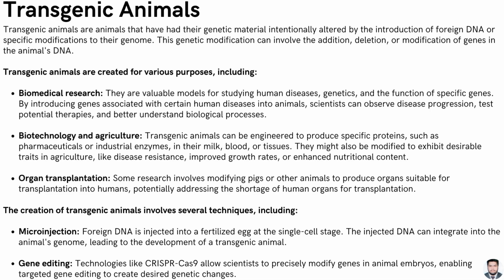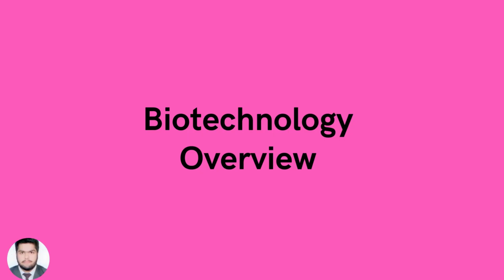Gene editing technology like CRISPR Cas9 allows scientists to precisely modify genes in the animal embryos, enabling targeted gene editing to create desired genetic changes.